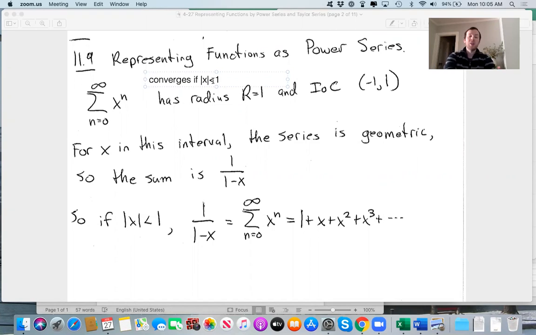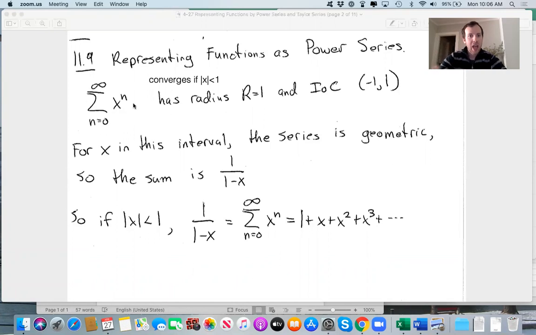And we know that the endpoints, meaning 1 and -1, aren't included here because those don't make geometric series converge. So we know because it's geometric that it converges for x that satisfy this inequality. So this 1 is where we get the radius of 1. If you solve this inequality, that means that x is between -1 and 1. And like I said, we don't include the endpoints there because if you put 1 or -1 in, you get a divergent series.